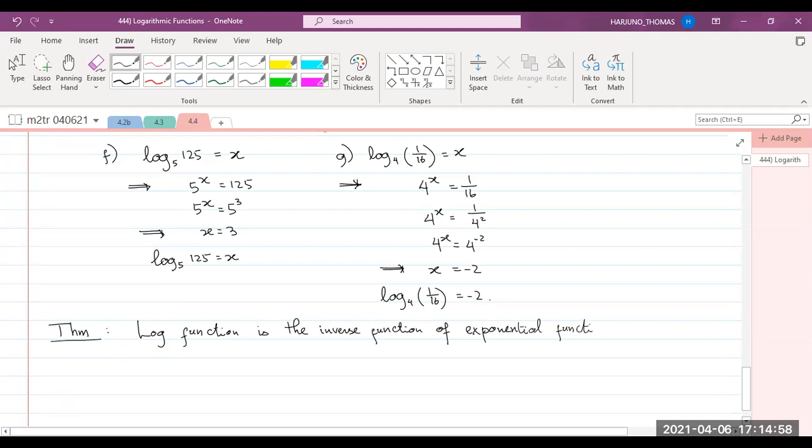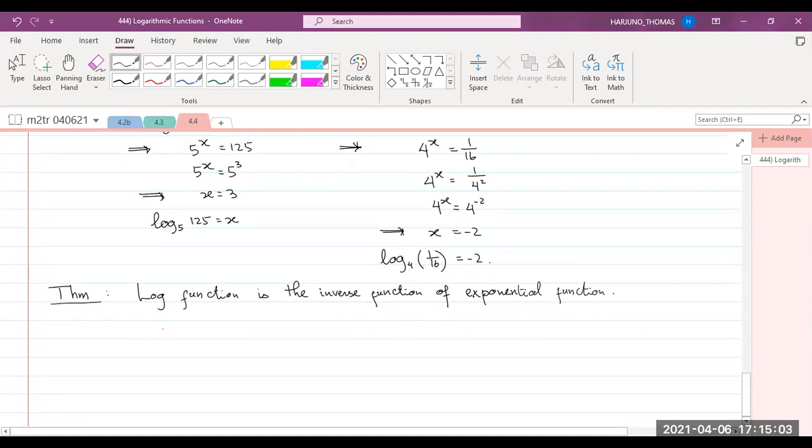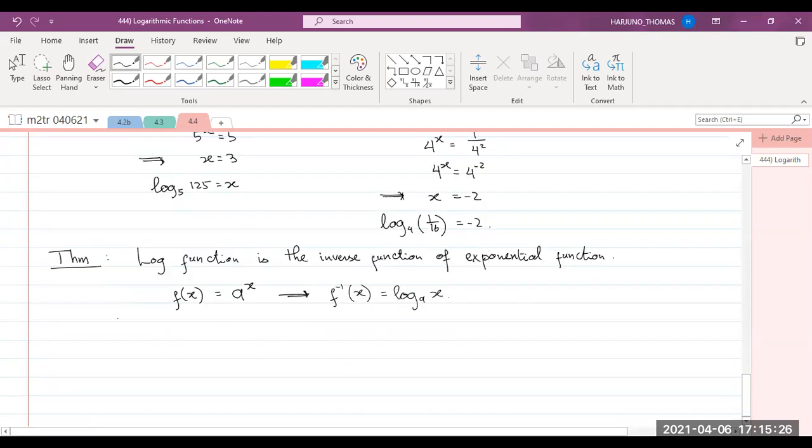Emphasize this. In other words, if f(x) equals a to the x, then the inverse function is log base a of x. I believe you have seen that proof, but let's do it anyway. Of course, the condition that a be positive and not 1 should be satisfied.